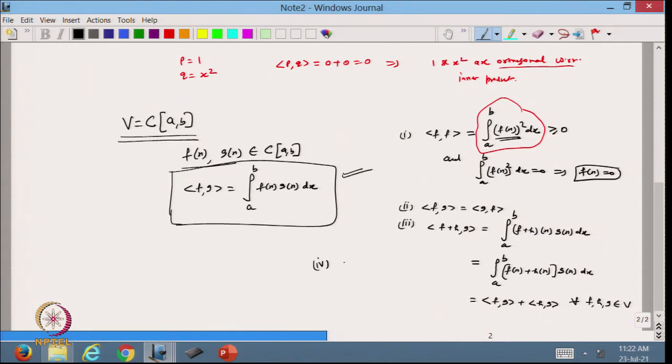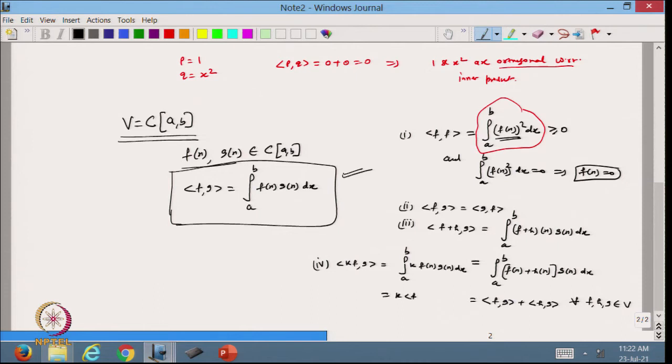And the fourth property is that I can take any scalar k. So, I take k times f and take the inner product with g. Very easily I can write this as the integral from a to b of k f(x) g(x) dx, and I can take k common.